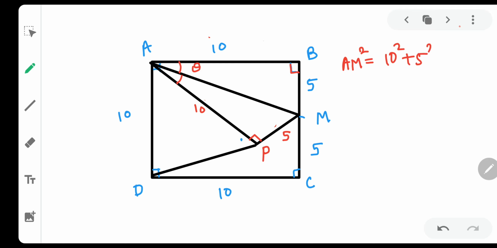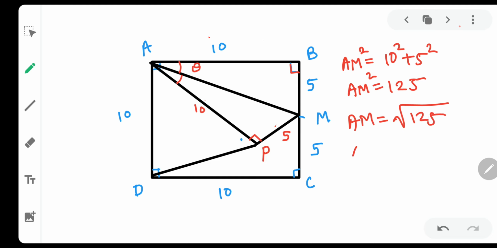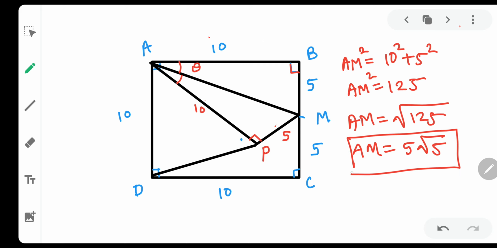That is why we are calculating this. So AM square comes out to be 125. So AM can be under root of 125. So AM will be 5 root 5, because 125 can be written as 25 into 5 and the square root of 25 will be 5. Very good. So this AM is 5 root 5.